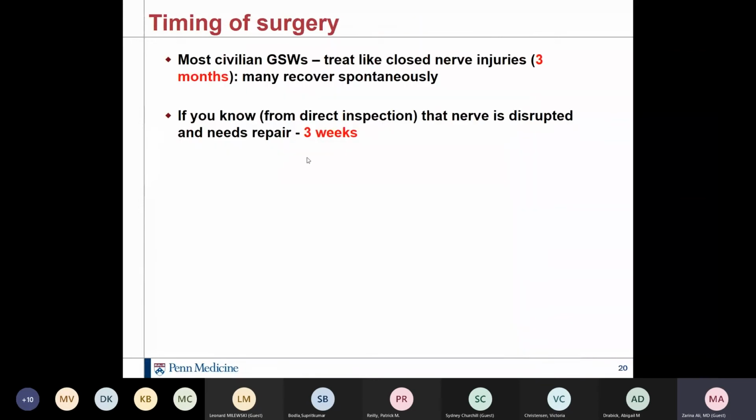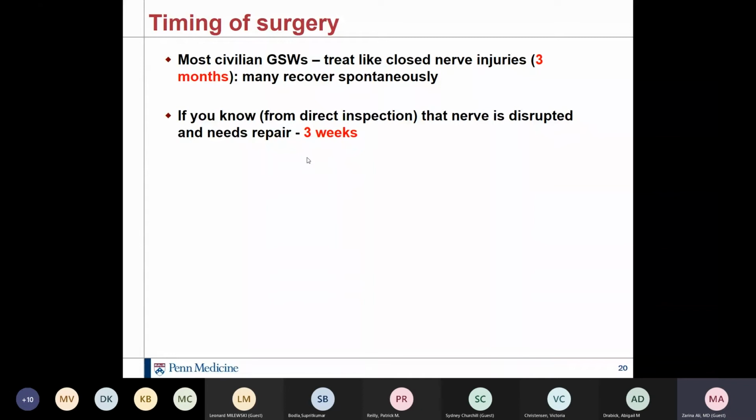When we think about gunshot wounds, they're a little bit different than other types of open or closed injuries. We often treat them a little bit more like a closed nerve injury because we know that there is more injury to the nerve than what happens right at time zero. So many of these patients, even if they have neuropraxic injuries at the time of the gunshot wound, do tend to recover spontaneously.